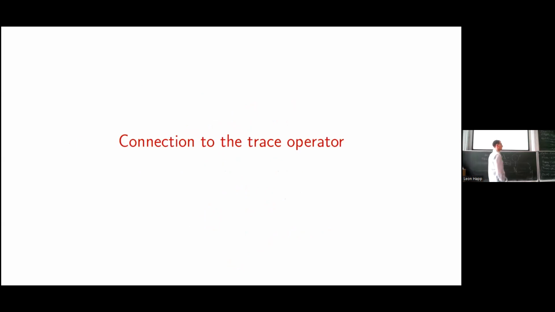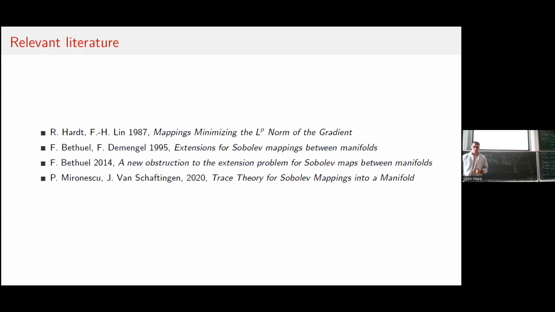Now finally to the connection to this trace operator, which I have alluded to several times already. This is the relevant literature if you want to look something up on the topic. The Hardt and Lin paper was the starting point of the research on this, where this retraction is first introduced.